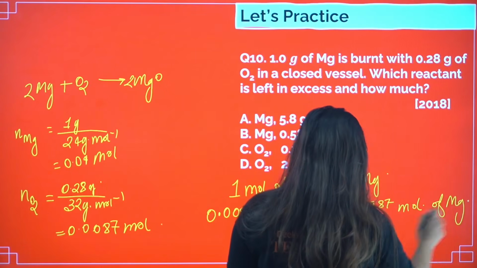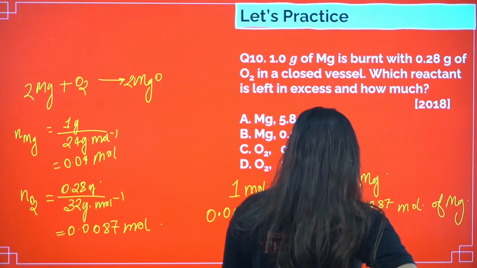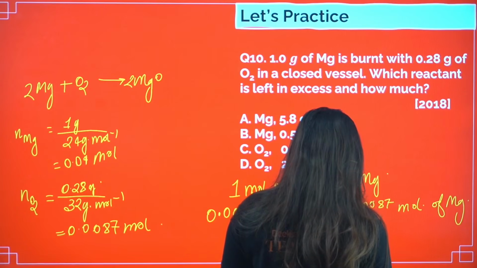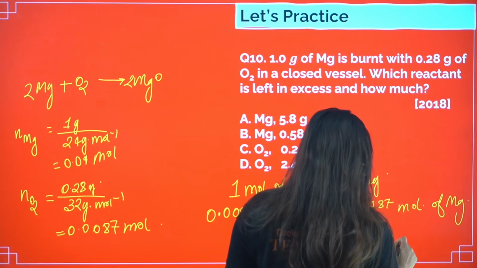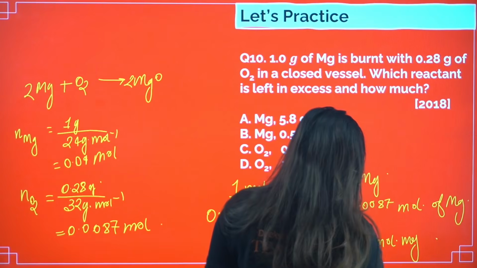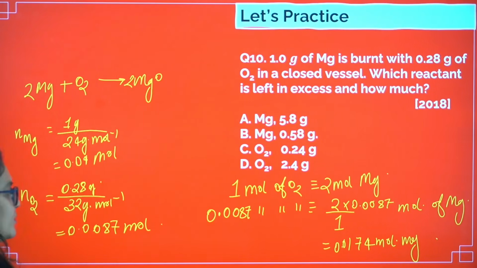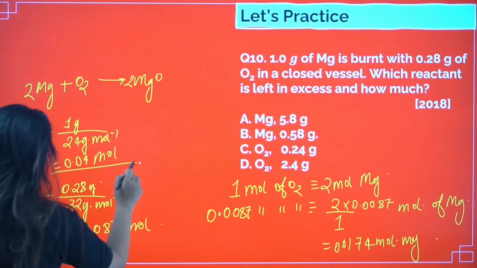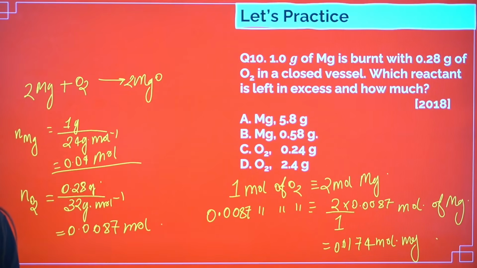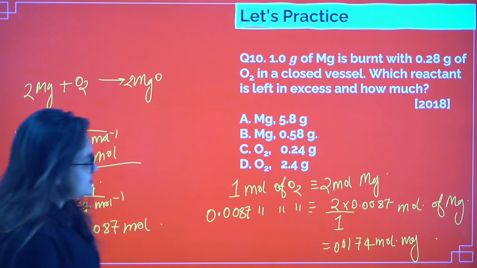If I calculate this, I should get 0.0174 mole of magnesium, close to 0.017 moles of magnesium. But they gave 0.04 mole. I need 0.0174. I guess this is clear to you.